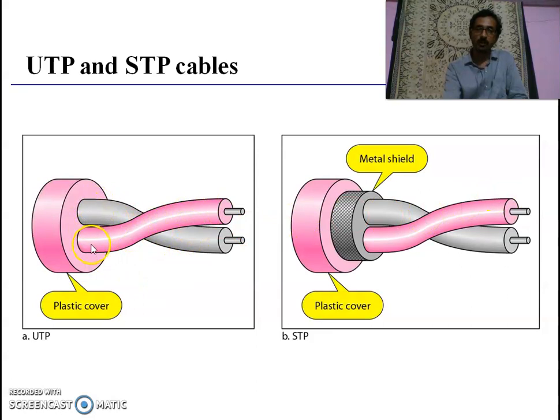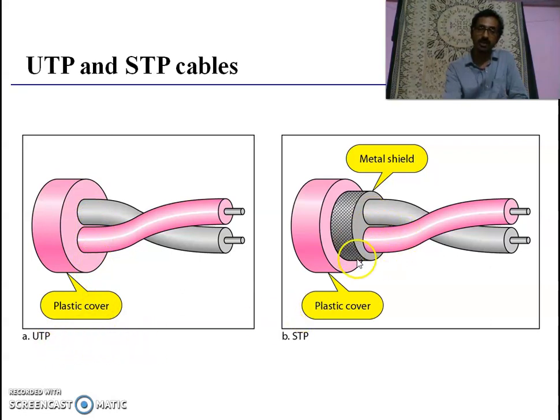There is no metallic shield arranged in the twisted pair cable. It is protected by one plastic cover. So there is no metallic shield arranged for this type of twisted pair cable. That's why this is called unshielded twisted pair cable.